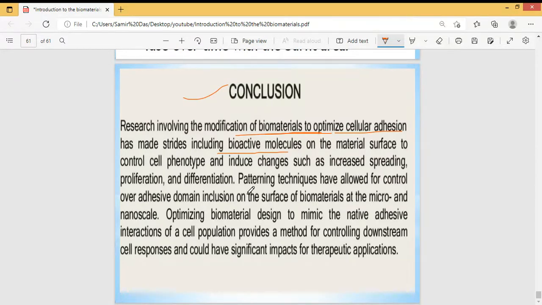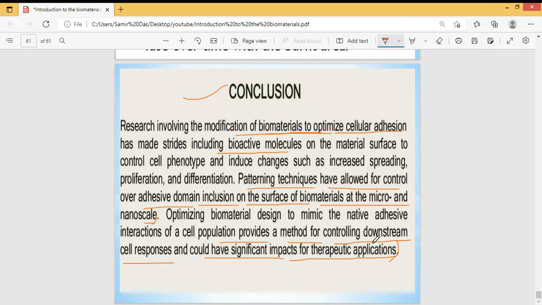Patterning techniques have allowed control over the adhesion domain inclusion on the surface of biomaterials at the micro and macro nanoscale level. Optimizing the biomaterial design to mimic native adhesion interaction with the cell population provides a method for controlling downstream cell responses, and could have significant impact for therapeutic applications as well. So that is all about the basic application zone of biomaterials.